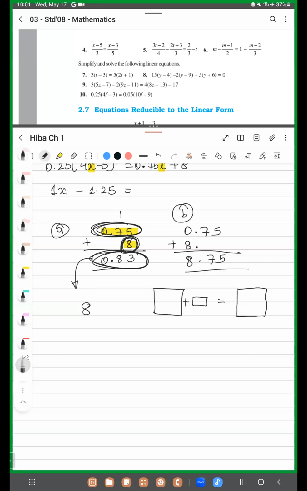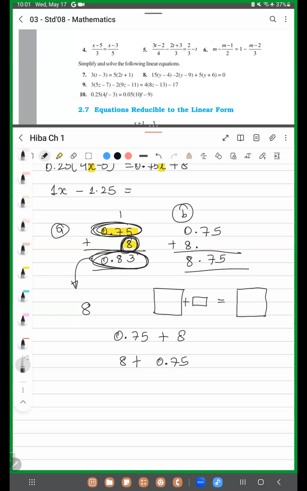देखिए, जरा ध्यान से देखिए, सोचिए हम कहाँ गलती कर रहे हैं. Exactly. When we say 0.75 plus 8, basically we are saying 8 plus 0.75, है ना?